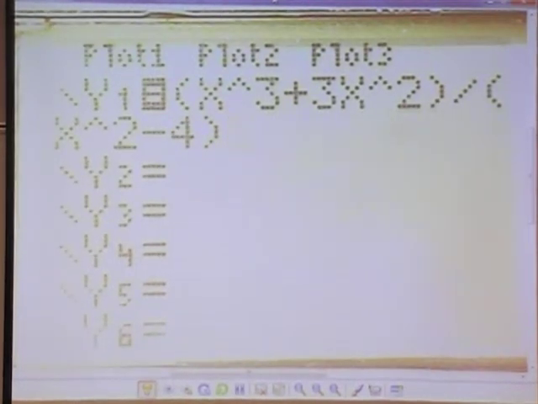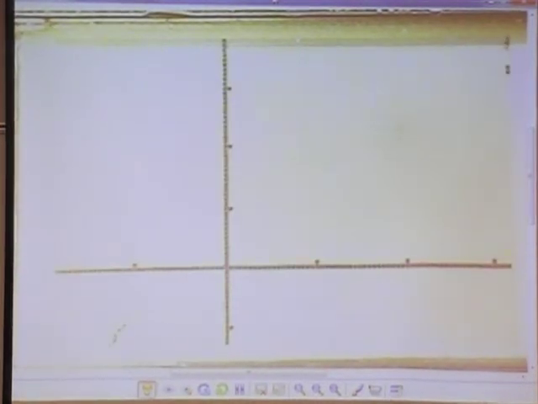That's how you should put it in your calculator. Who's got the calculator? Raise your hand. Okay, I'll give the rest of you zeros. Bring your calculators to class. Graph it. Oops.